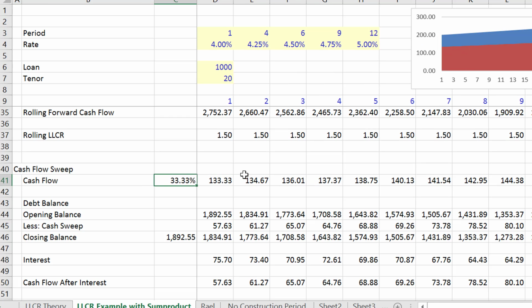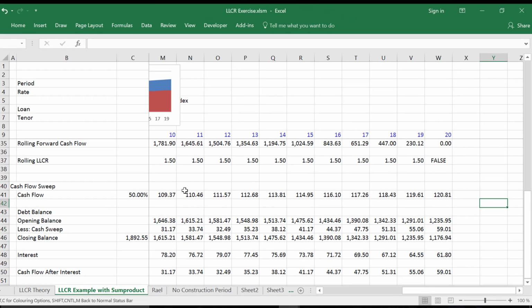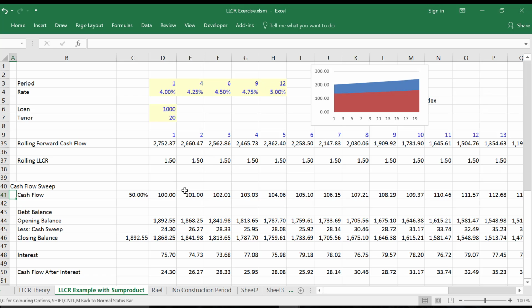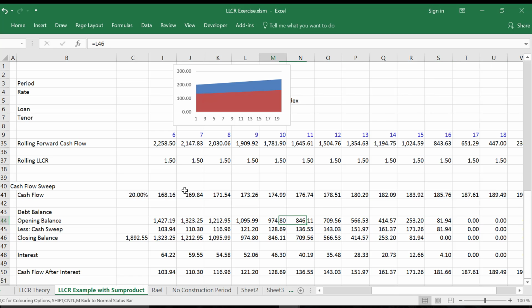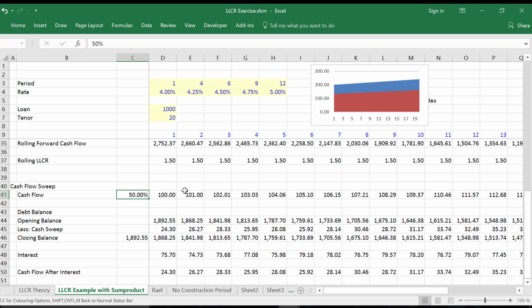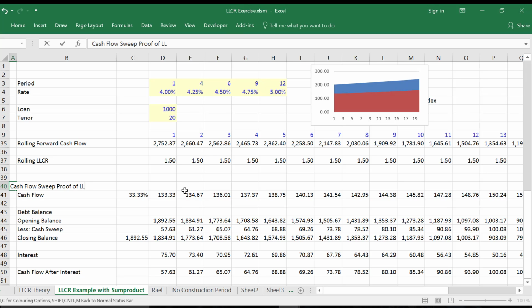If we made the cash flow decline bigger, let's say 50%, then we never can pay the debt. If we make the decline only 20%, then we've paid off the debt too early. You can see it really does work. I'll call this the cash flow sweep proof of the LLCR formula.